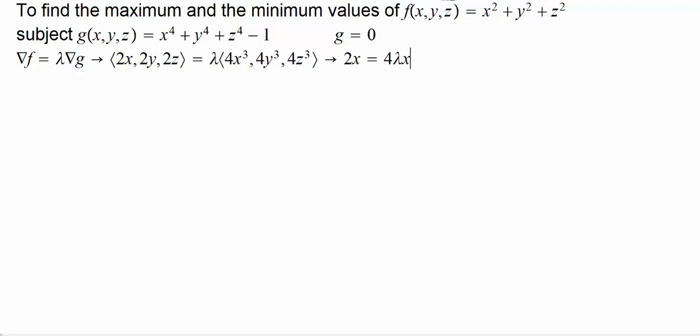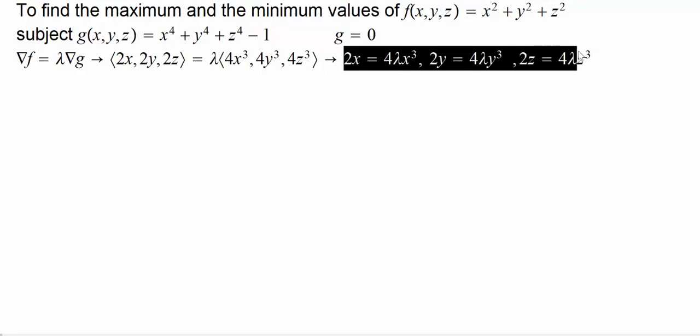And then we have another equation, 2y equals 4 lambda y cubed, and the third equation is very similar. That is the same equation, the only thing is that it's in terms of z. So now let's look at these three equations.